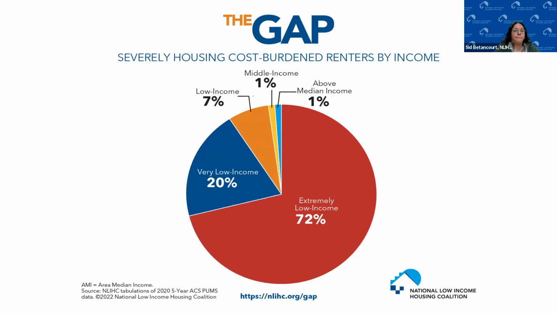And so that's not to say that folks like myself or folks who are above median income are not cost burdened, but they usually make up a smaller chunk of the population that pays more than 50% of their income on rent.